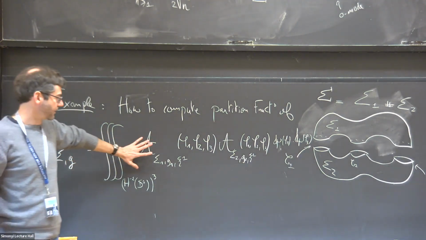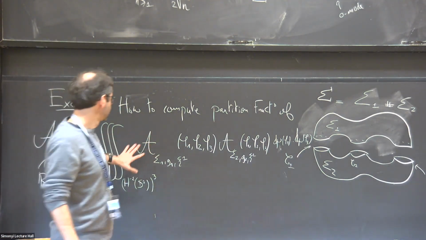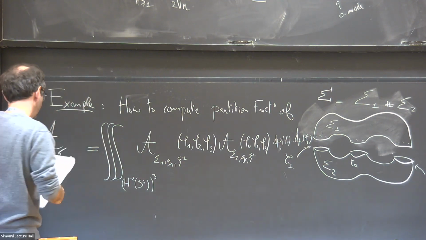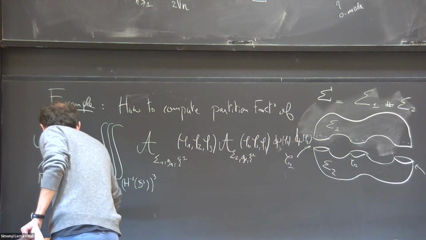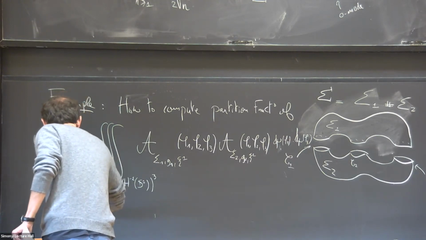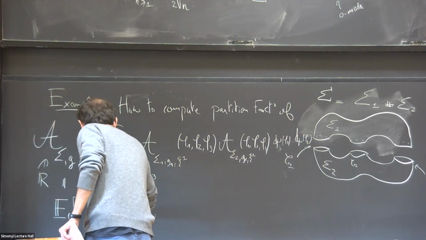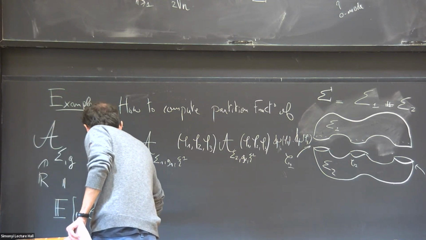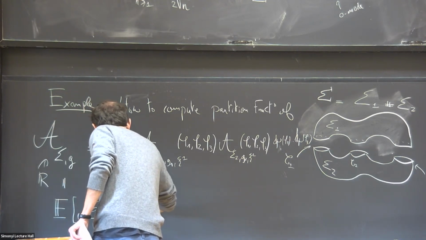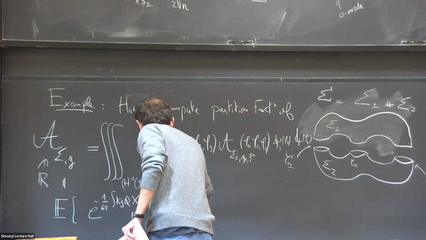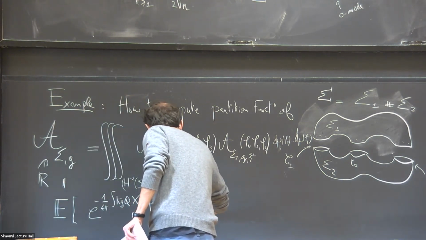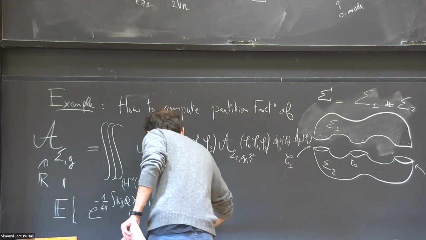It's not really obvious, but the idea is that here this A of sigma was given by some expectation of exponential of minus one over four pi integral of K_g Q X plus mu e^(gamma X) dv. Something like this.